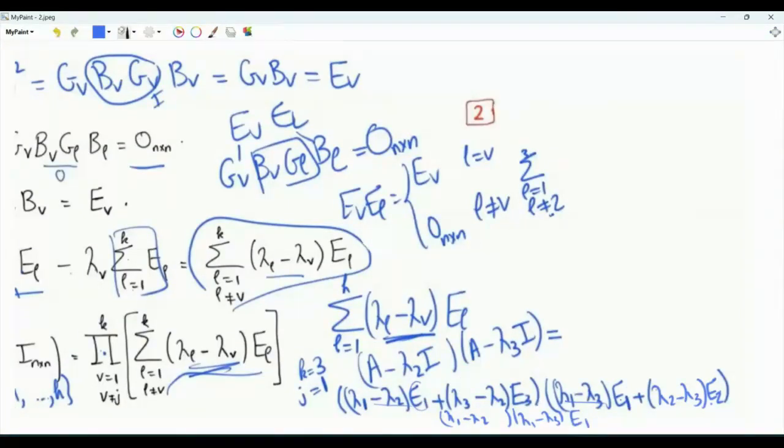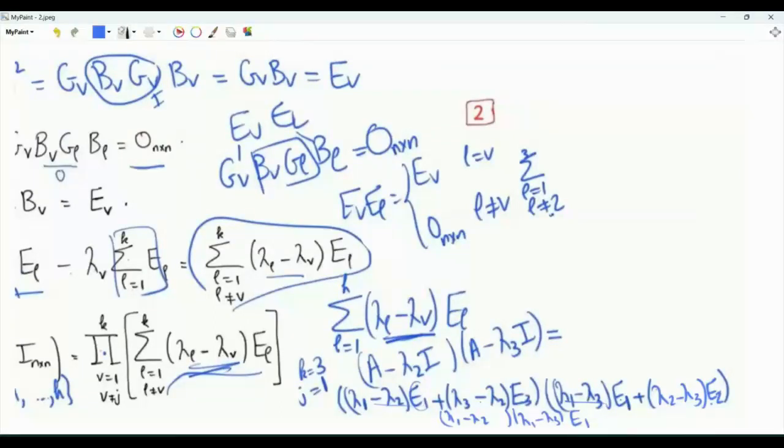What do we learn from this example? We have a product of sums, a product of brackets. Each bracket will contain EJ. Each bracket is indexed by V. V does not take the value J. L does not take the value V. For every value of V, L will assume the value J. We are sure that in each one of those sums, or in each one of those brackets, we will have EJ.